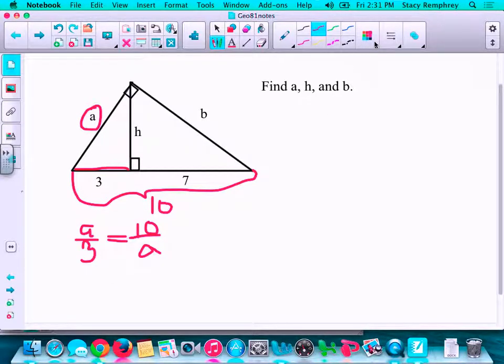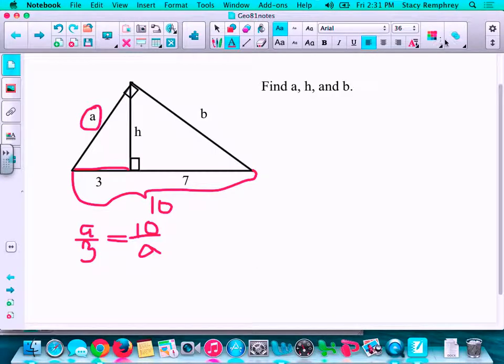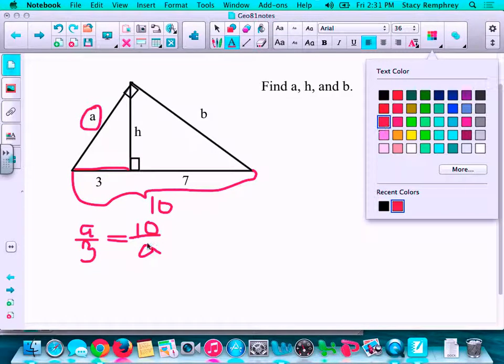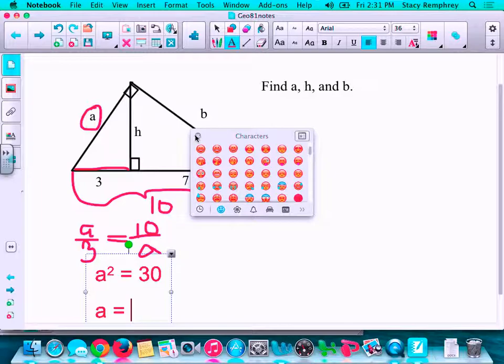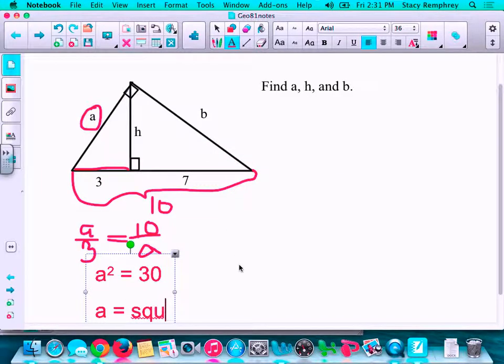So when you do that, you'll get A squared equals 30, and so that means A equals, I don't know what that is, the square root of 30.